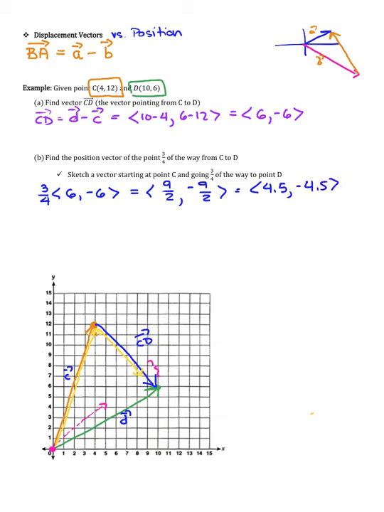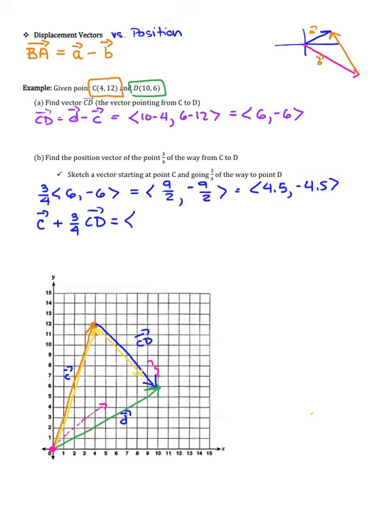All right, that would be where we would end. But we want to show how to get there. So how you get there is you go along vector C, and then you add to that 3/4 of the vector that went from C to D.